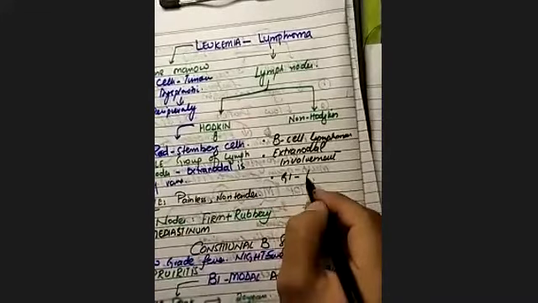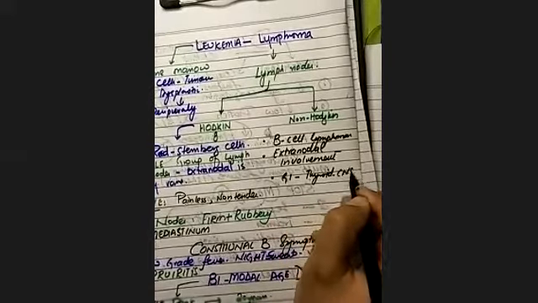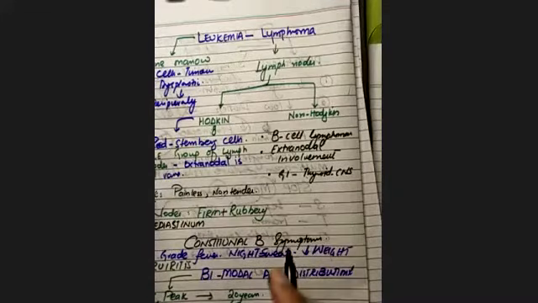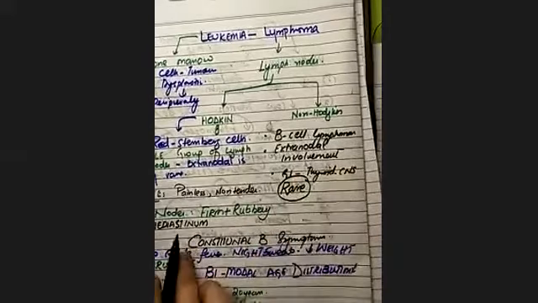They can be in your GI system, in thyroid, even in your CNS, causing seizures and coma, etc. Constitutional B symptoms are rare in non-Hodgkin lymphoma.